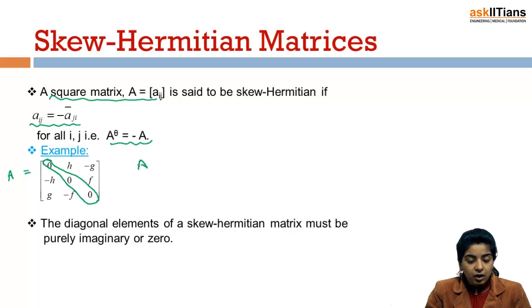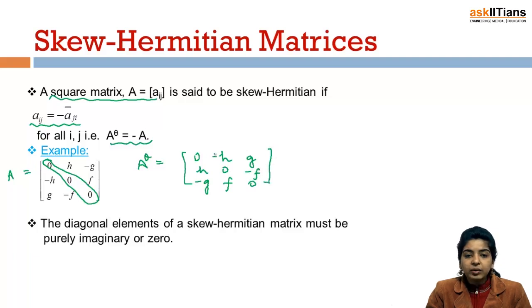Taking this as A, we find A theta. How do we find A theta? First of all, I find the conjugates, or you can take the transpose first. So I take the transpose: 0, minus h, g; h, 0, minus f; minus g, f, 0. Then I take the conjugate. Since the elements are all real, the conjugate is the same as this matrix.